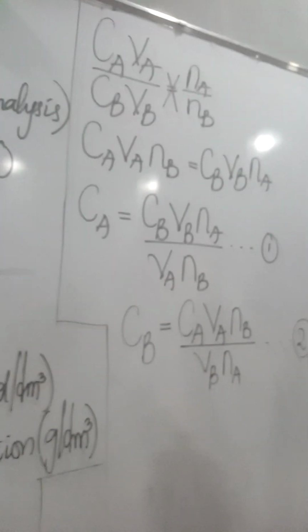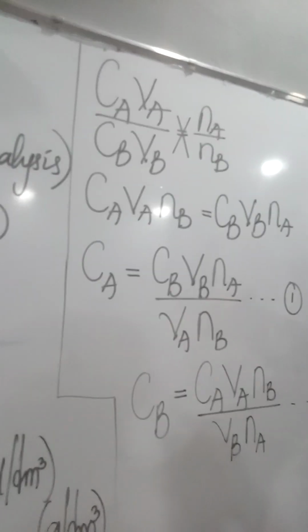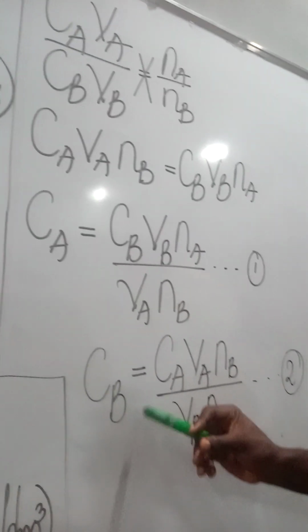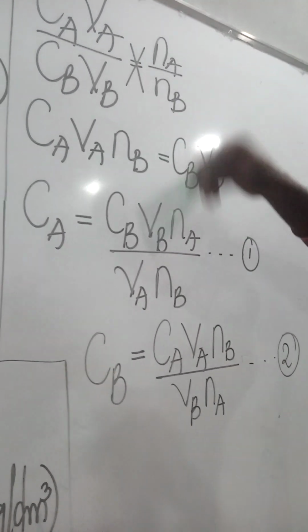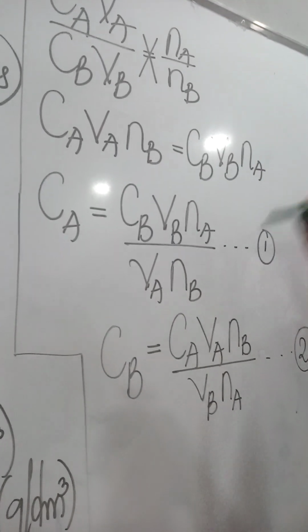Now, they will be asking you to calculate the concentration of the acid and the concentration of the base. Whichever is given to you to calculate, you must work with the parameters given to you.